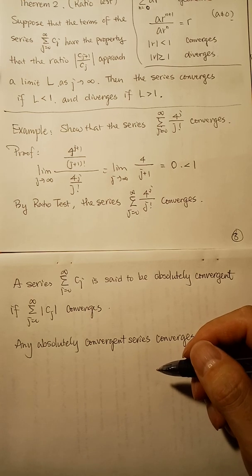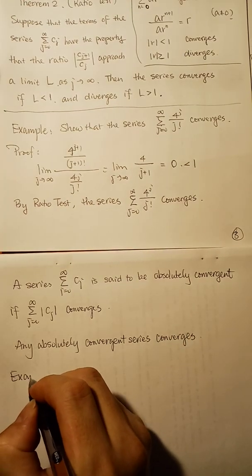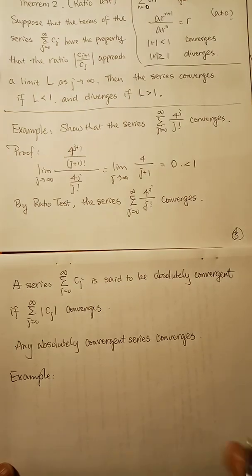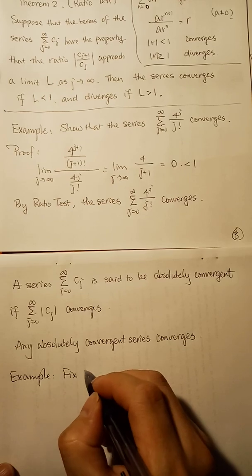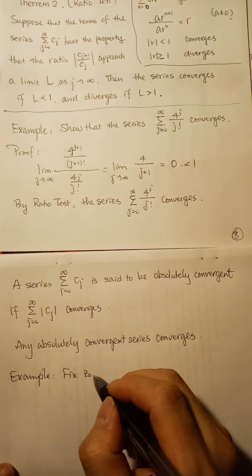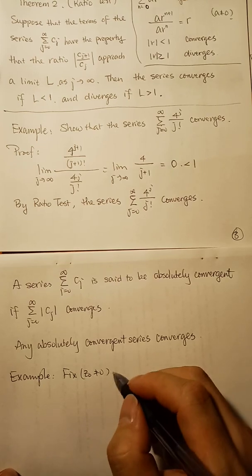And then let's see the next example. We fix z0. Of course, let's choose z0 not equal to 0.